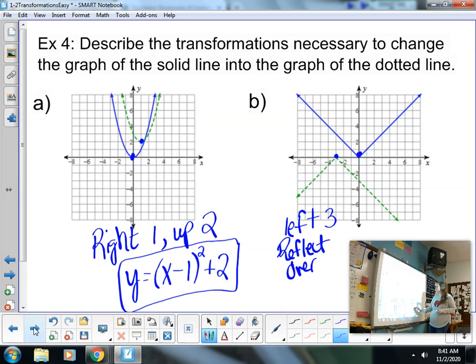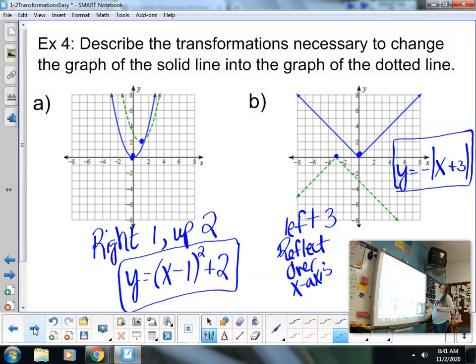So reflect over x-axis. That is going to mean that your A value is -1. So the equation for this one is y equals negative, you could put a -1 there or just a negative sign, absolute value of x minus h. Well, h was a -3 because it went left, so that's going to be a +3. So that would be your equation there for example 4B.